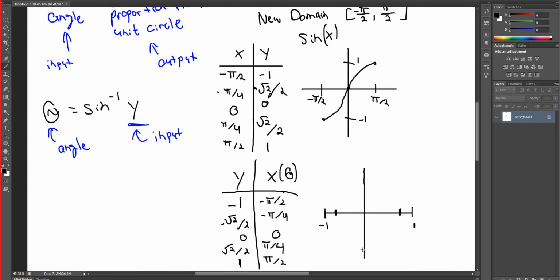So at -1, I'm at negative pi over 2. At negative root 2 over 2, which I should label, I'm at pi over 4. Then I go to 0. Then I go to pi over 4, and then back to pi over 2.